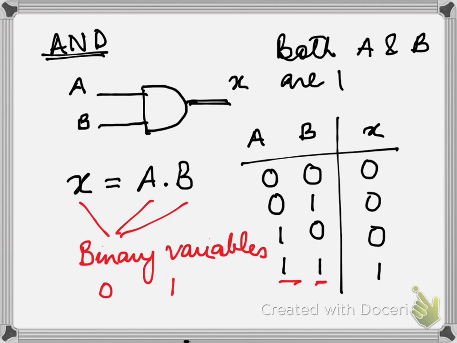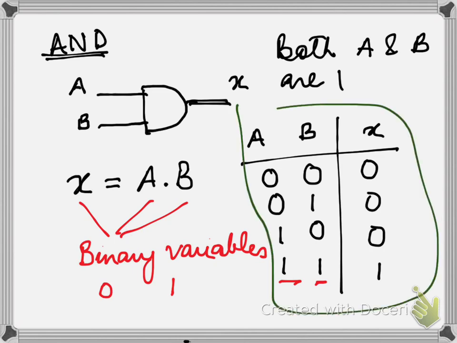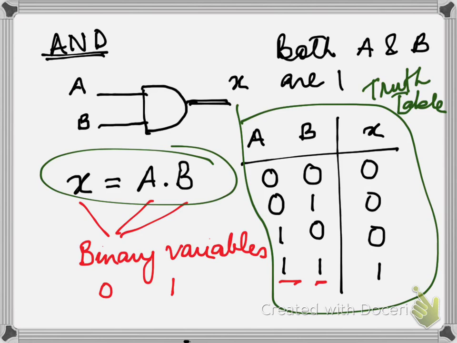So this is the truth table. This is the algebraic expression and this is the graphical symbol. So this is the AND operator.